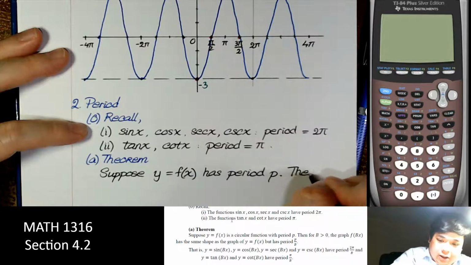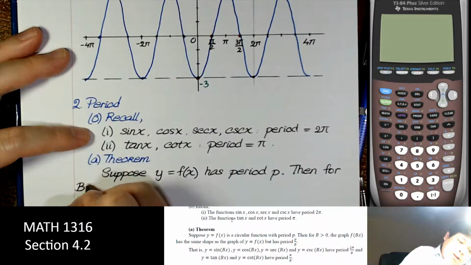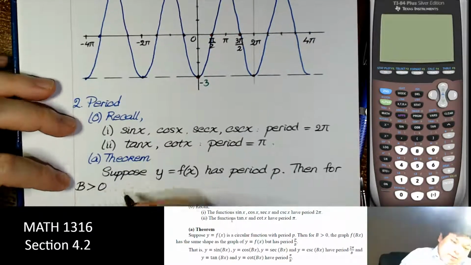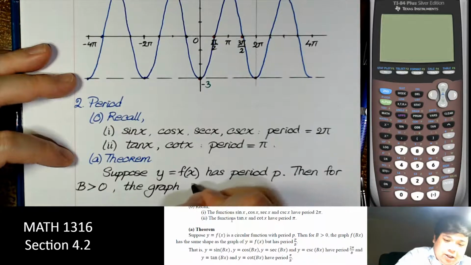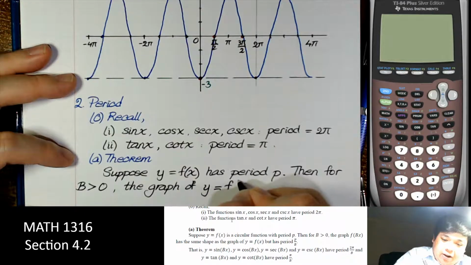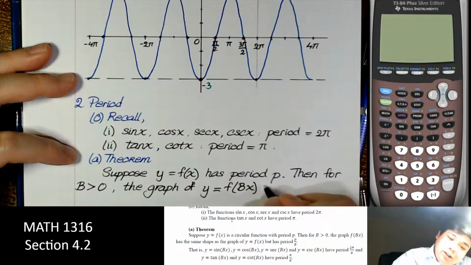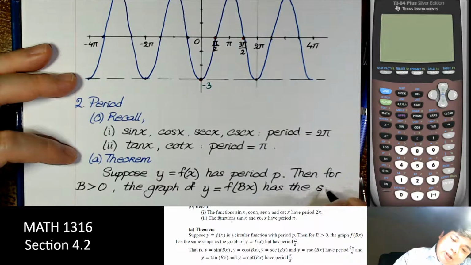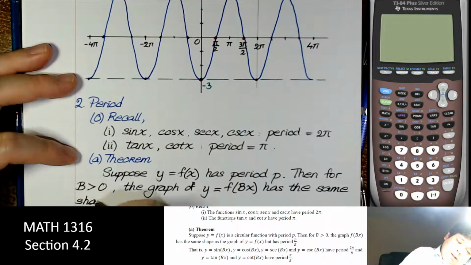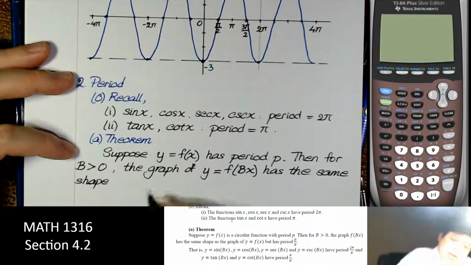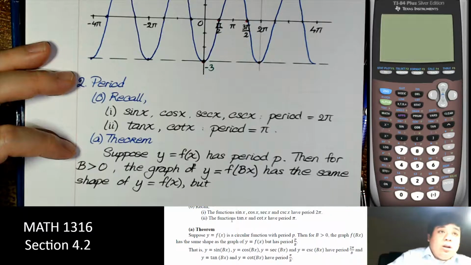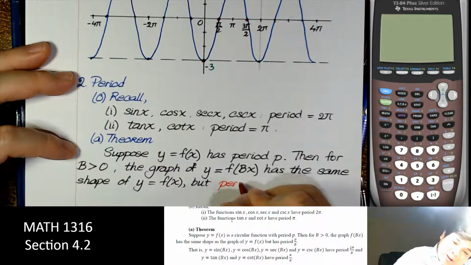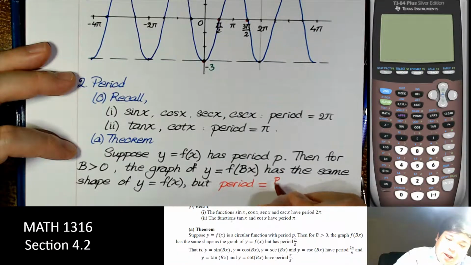Then for b greater than 0, the graph of y equal to f of bx has the same shape of y equal to f of x, but the period equal to p over b.